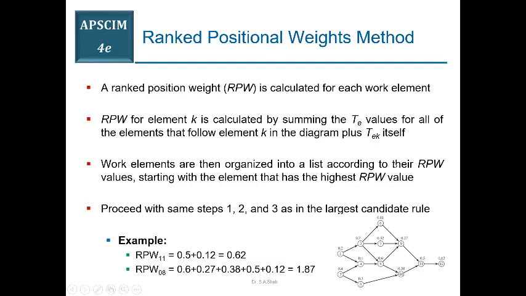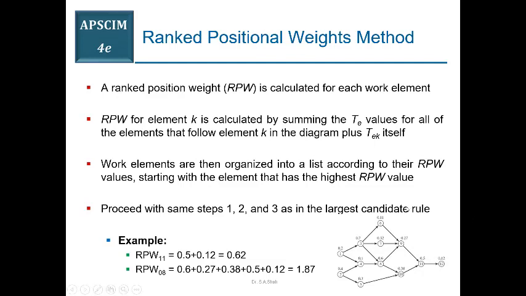Similarly, in the rank positional weight method, first we will find the rank value of each element within the precedence diagram, and then we will rearrange the table according to the rank value of every element.